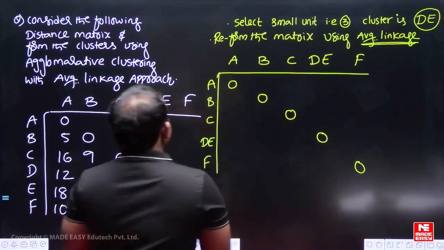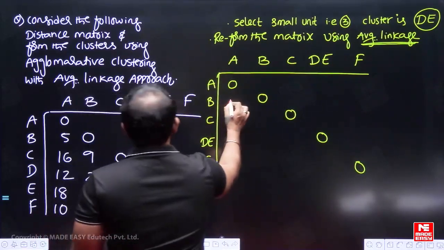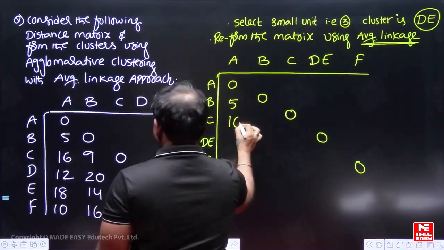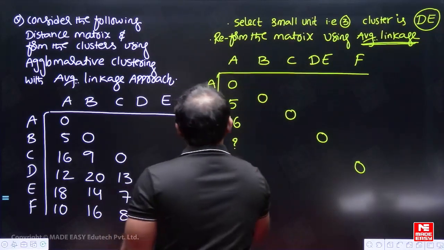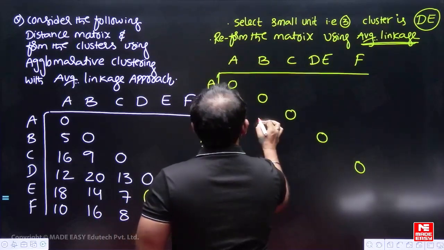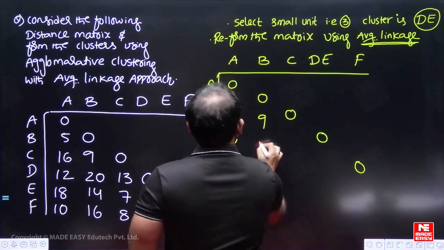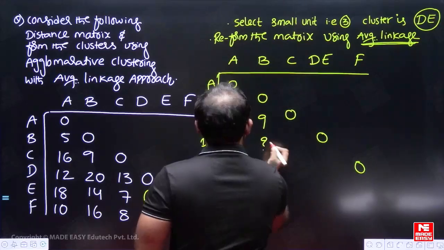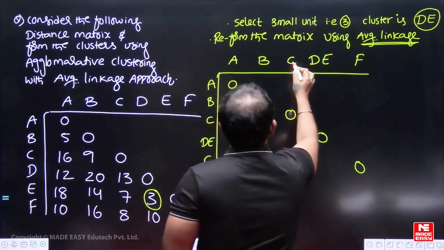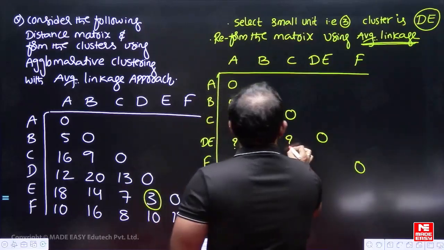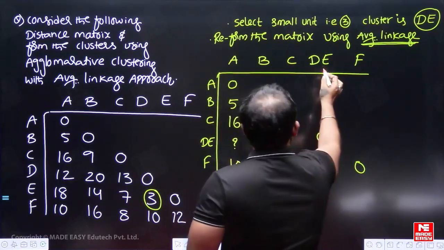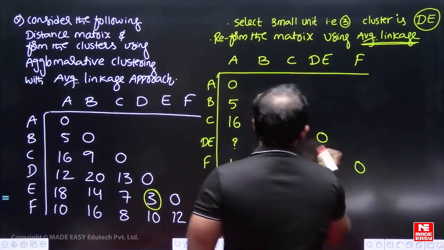Now AB value not changed. AC value not changed. AF value not changed, and BC value not changed, and BDE we need to find out, and BF value not changed, 16. CDE we need to find out, and CF value not changed, 8, and DEF we need to find out.